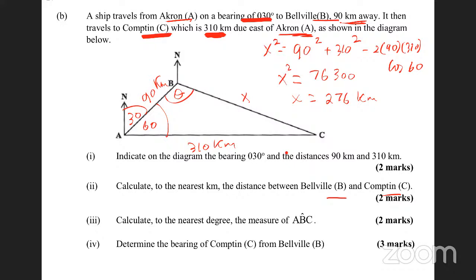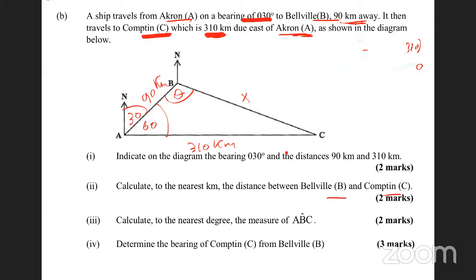Right, let's check out sine rule. This is 276. If you're using sine rule, remember, it is the length over the sine of the opposite angle. So if we're using 276, the opposite angle is sine 60.